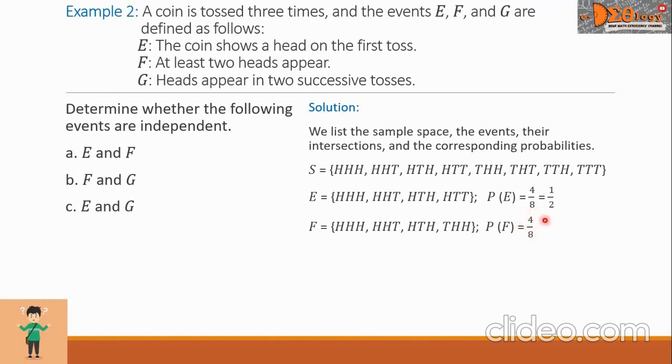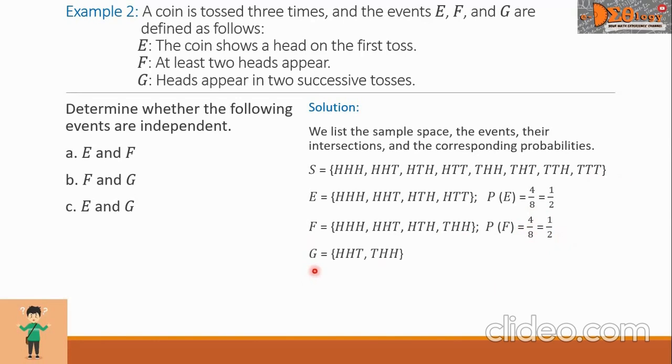In the numerator, we have 4 because there are 4 elements in our event F. Again, our denominator is the number of sample points in our sample space. So 4 over 8 is also equal to 1/2.